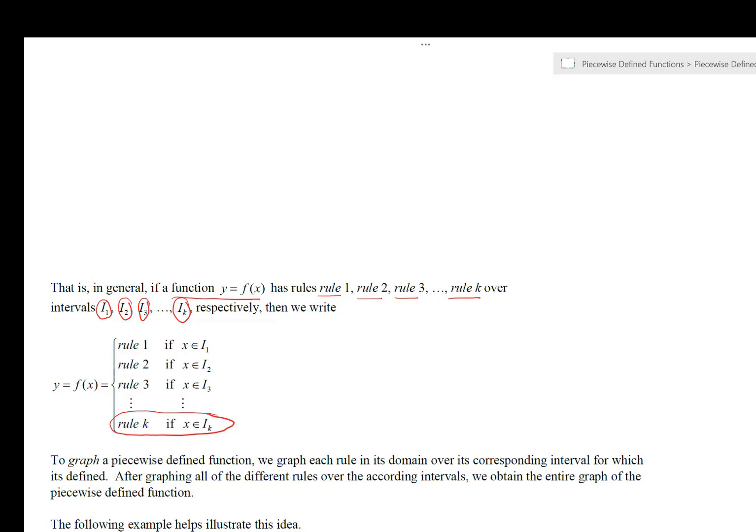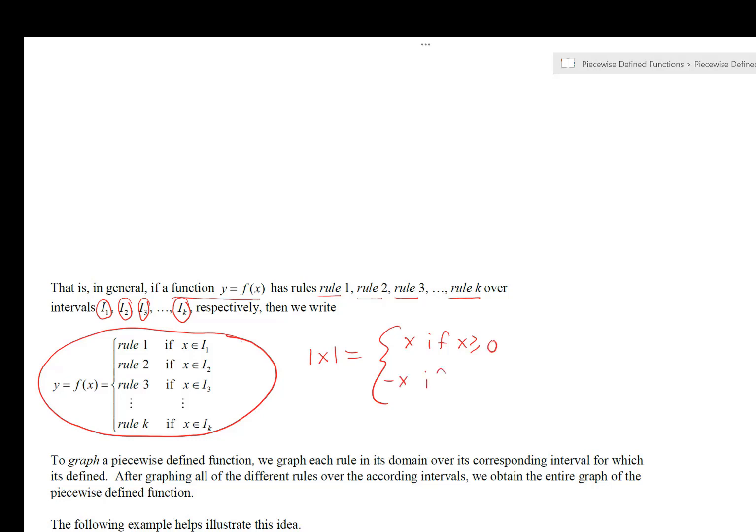In general, we write the function like so. Just like before, we wrote the absolute value of x. It was x if x was positive or 0. It was negative x if x was negative. You see there, that's like your rule 1. And right there, that's like your interval 1.